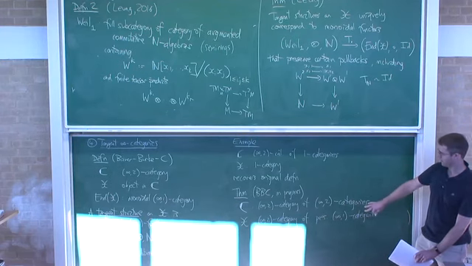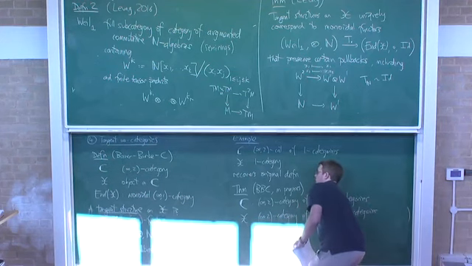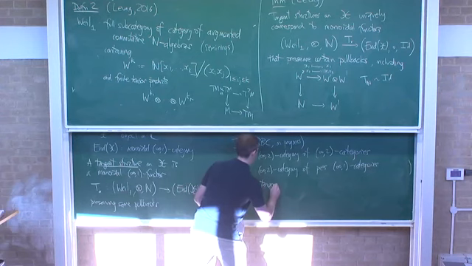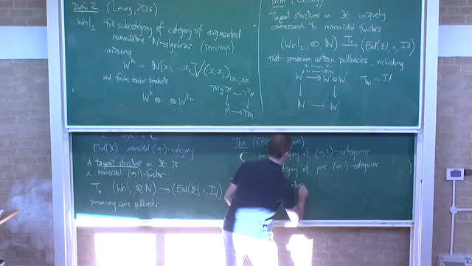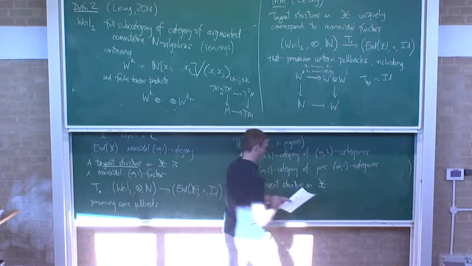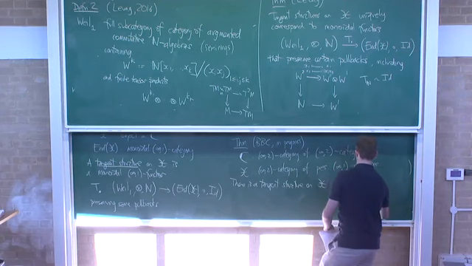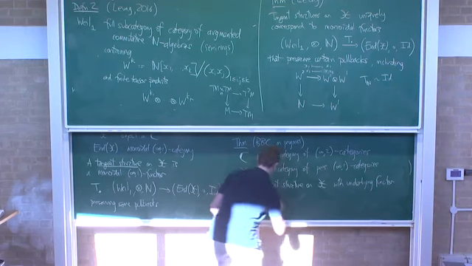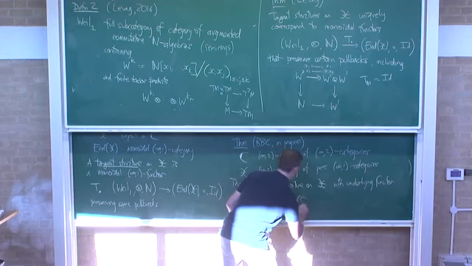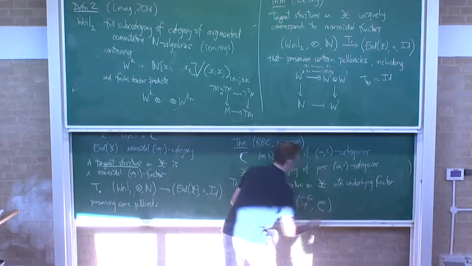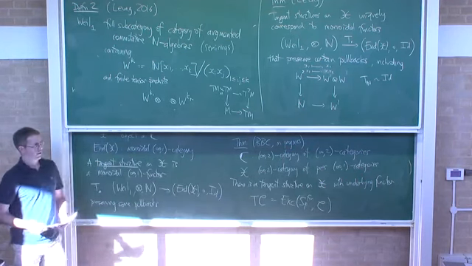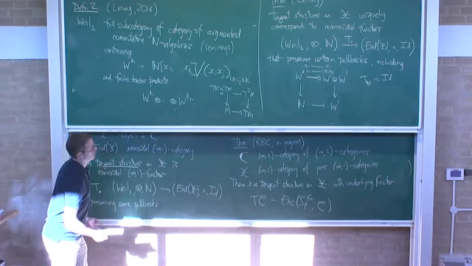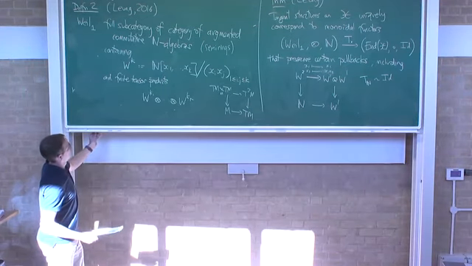And so the theorem is that then I have a tangent structure on X. So there is a tangent structure on X. And the underlying functor is exactly the functor I described before. So C is this category of excisive functors from finite spectra. And the rest of the structure is as I described it.